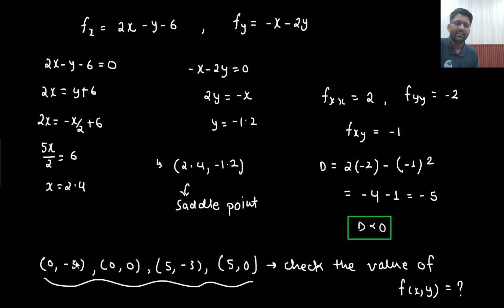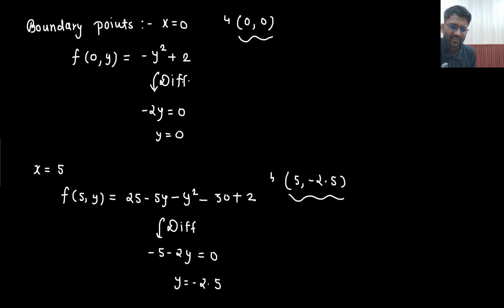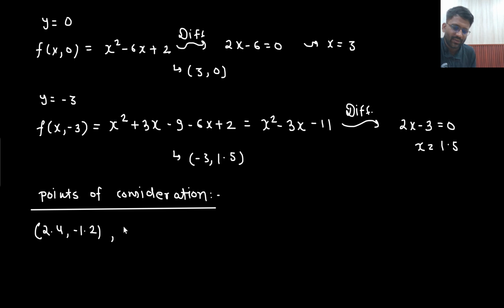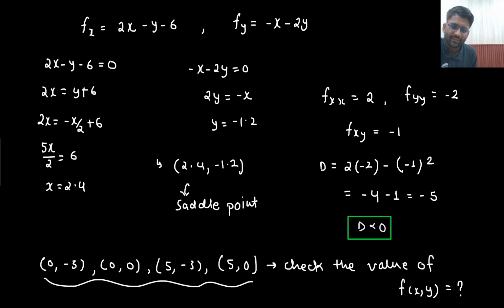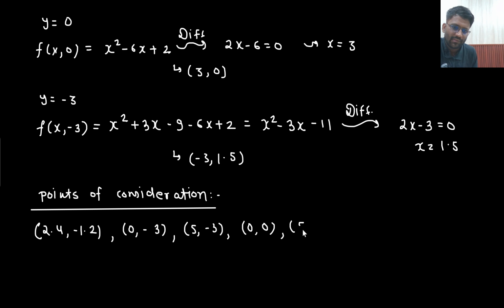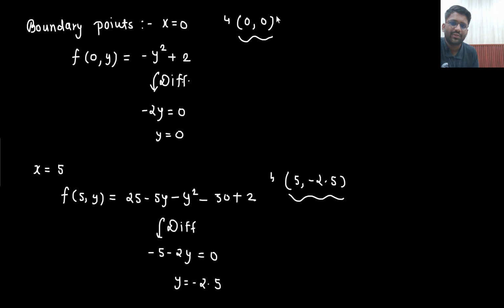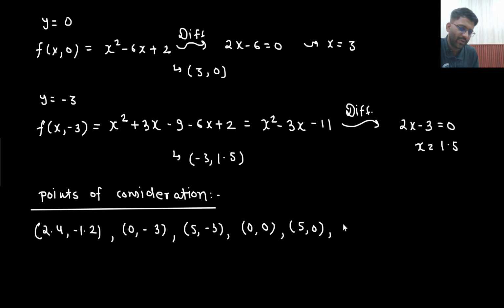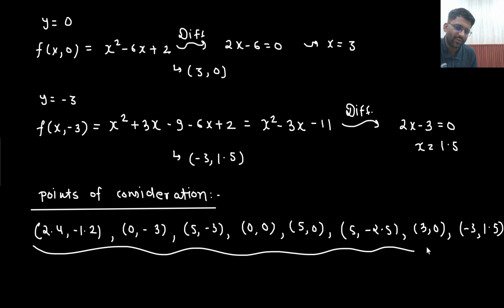Then 0 comma minus 3, 0 comma 0, 5 comma minus 3, 5 comma 0. On the next page you got 0 comma 0, which has been already written, then 5 comma minus 2.5, then 3 comma 0, then minus 3 comma 1.5. So all these are your points of consideration.